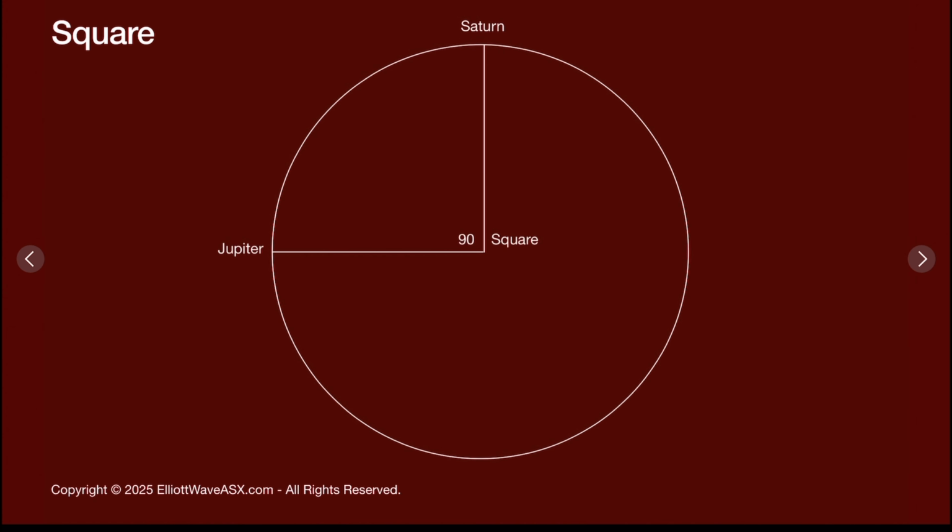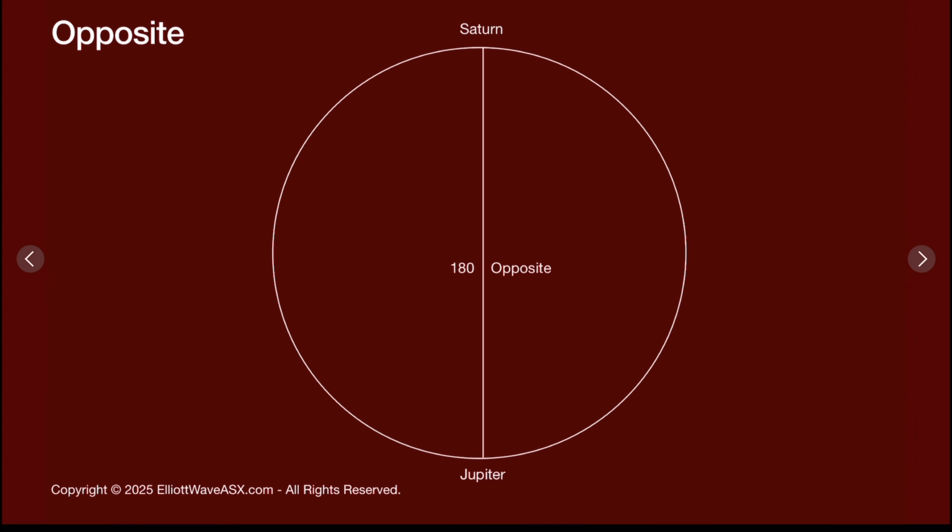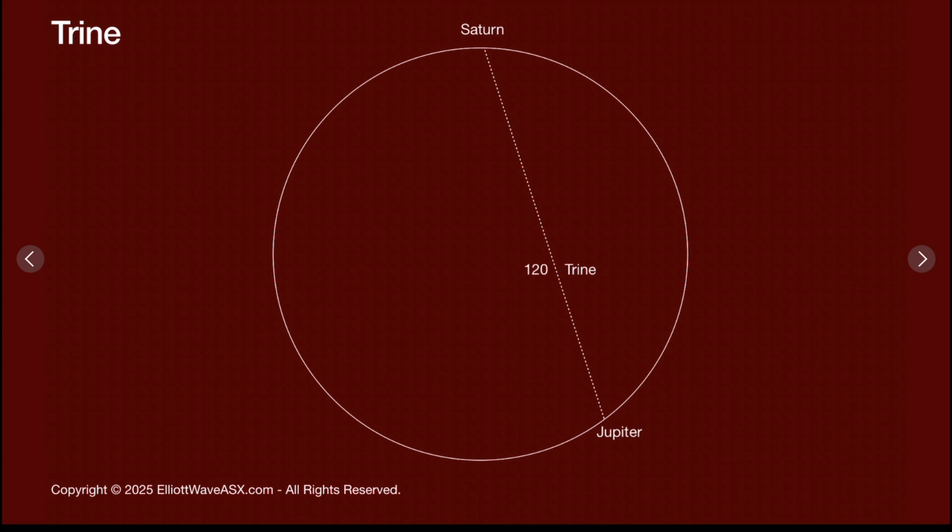When they're at 90 degrees, they're square. When they're at 180 degrees, they're opposite. And when they're 120 degrees apart, it's called a trine. Now there are, of course, other angles, but these are considered the most important in Gann's work.